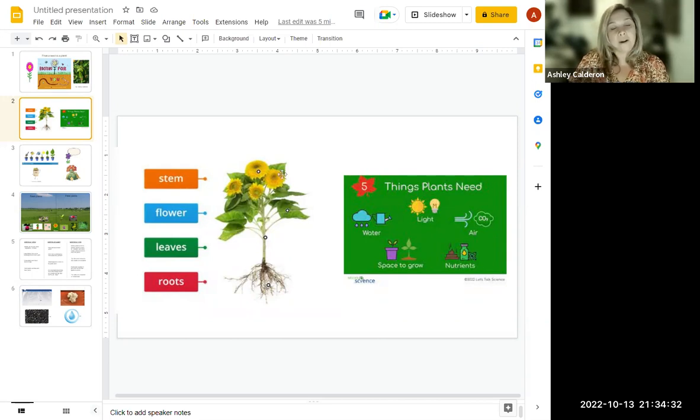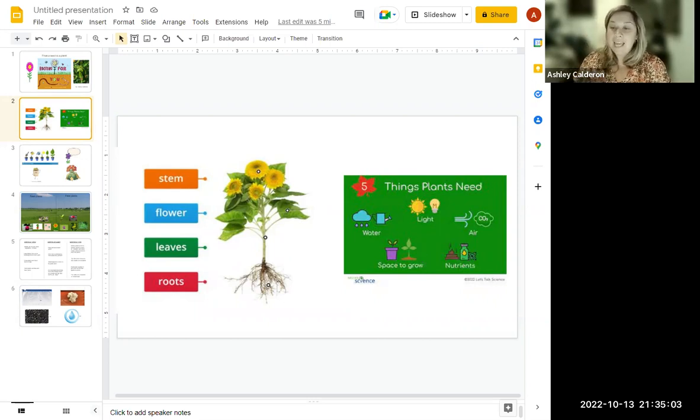And the flowers. And I did put some 5 things that plants need to grow and survive, right? So they need some water and they need light, preferably sunlight, but not all plants need sunlight. So that's why you see this light bulb. Then they need air, they need nutrients like the mulch, the dirt, soil, and they need space to grow.